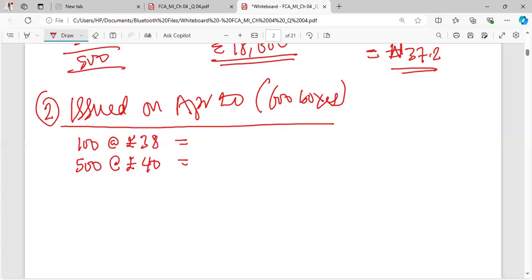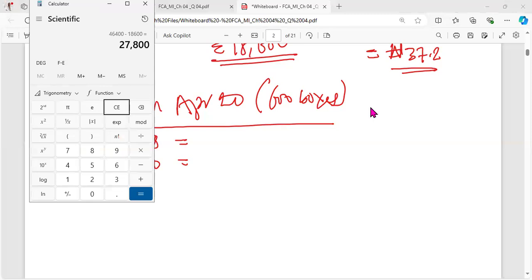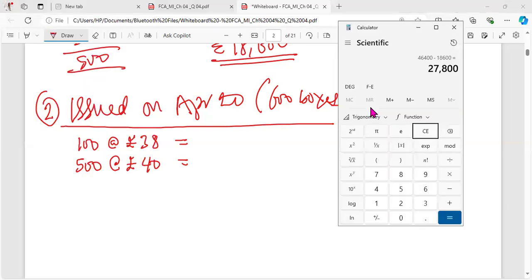Our calculator will come into play. 100 multiplied by 38 gives me 3,800.